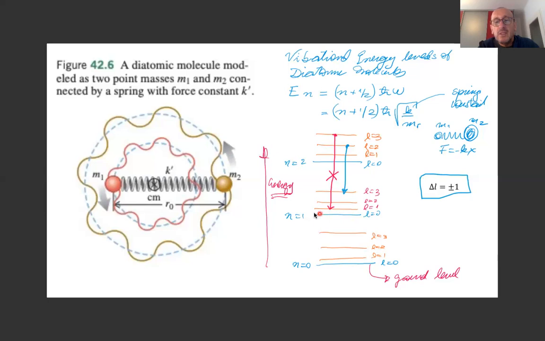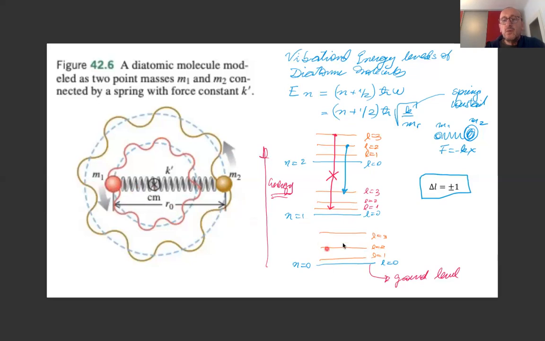So here is n equals 1, L equals 2. If it is n equals 1, you can think that the spring has one excitation of the vibration, and it's also rotating with angular momentum larger than 1.